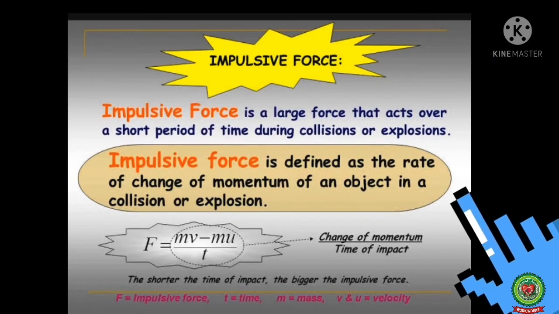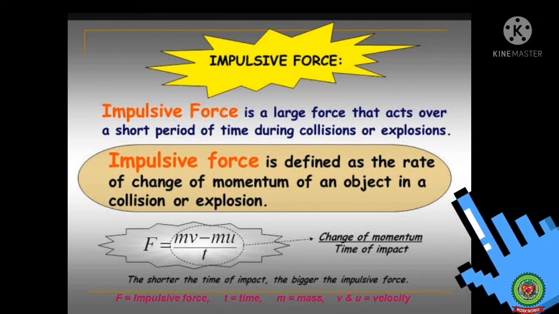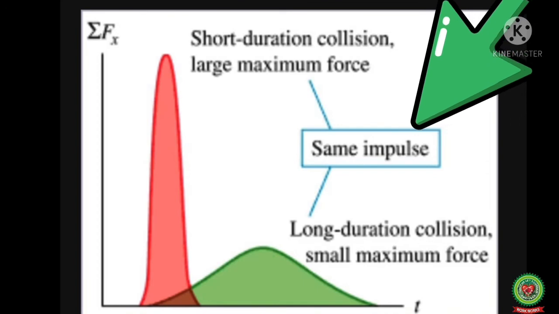Impulsive force. A large force acting on a body for a short interval of time is called impulsive force. Such forces cannot be measured directly, but we can find their value by knowing change in momentum.